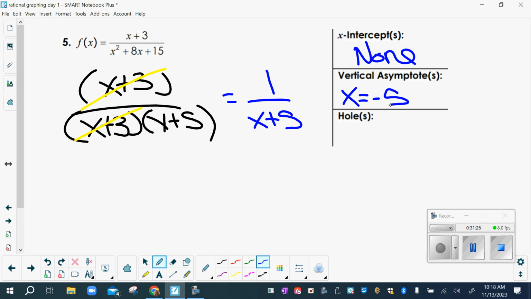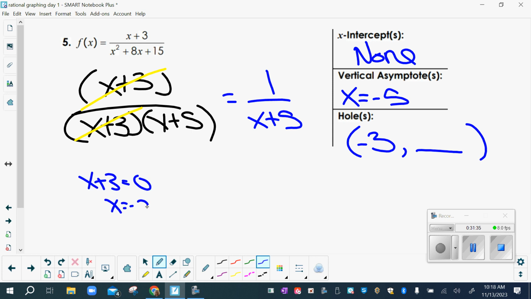Or in other words, my hole is at -3 comma something, right? How did I know that? I went x plus 3 equals 0, x equals -3. Now I'm going to plug this into this one to get its partner. Nice and easy. 1 over -3 plus 5, which is 1/2.